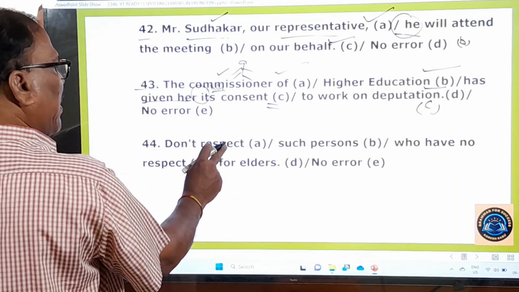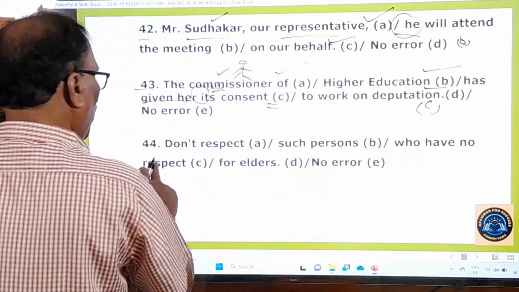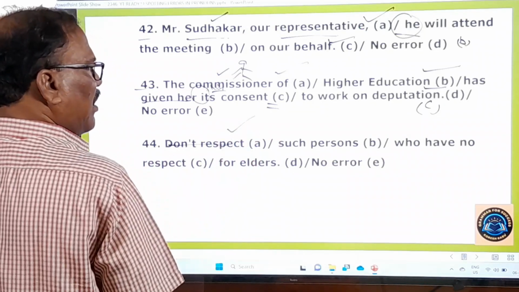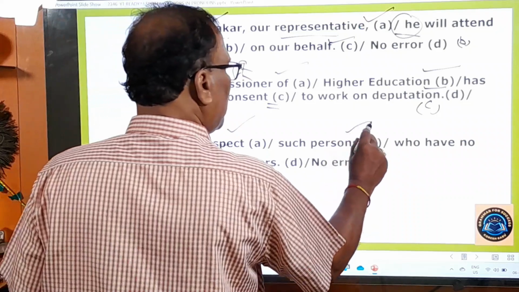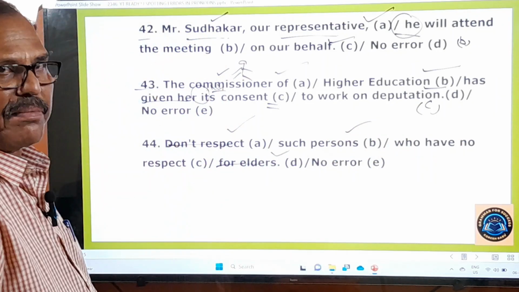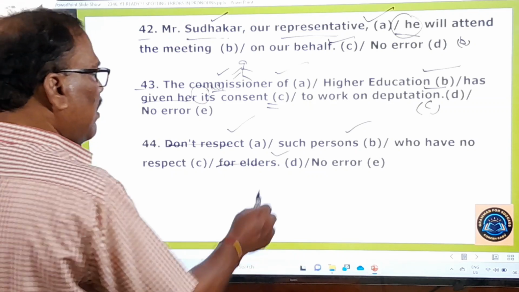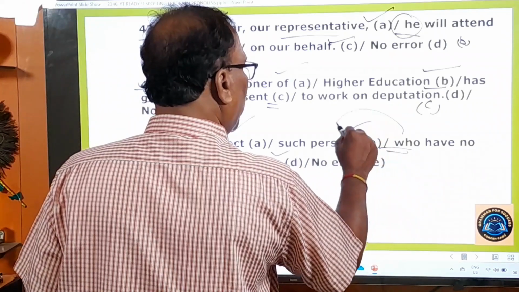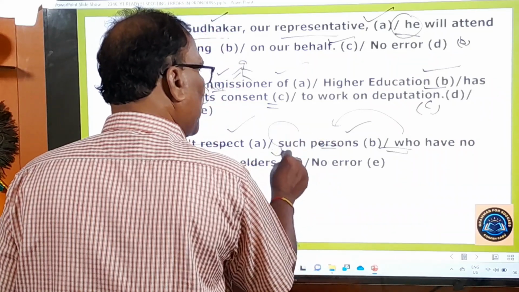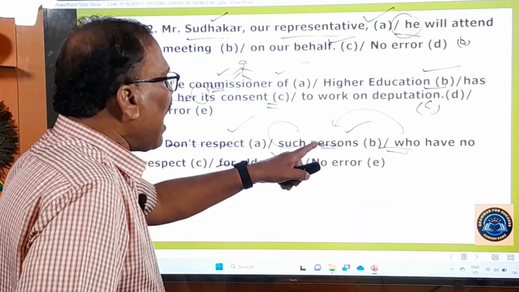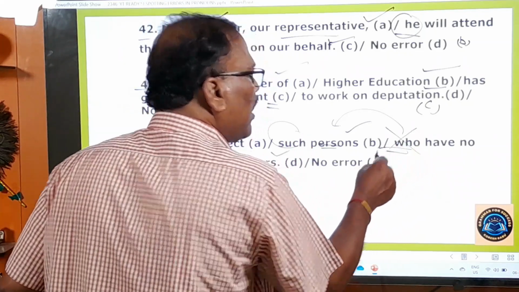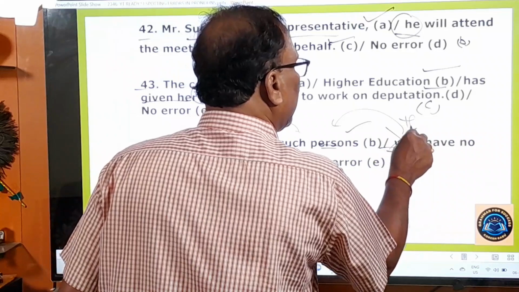44th one: "Don't respect such persons who have no respect for elders." So this is an interesting one. "Don't respect," no mistake at all. "Such persons," no mistake at all. "For elders," no mistake. And in the C part, there is a mistake. Why? What's the antecedent here? It begins with "such." Whenever the antecedent begins with "such," you should not use the relative pronoun "who," but you have to use "that."